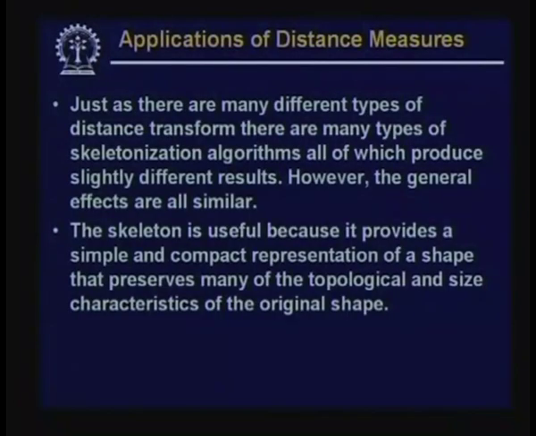Similarly, the skeletons that we get from the distance transformed images using different distance metrics will be slightly different, but they will be almost similar. This is just another application of the distance metric.